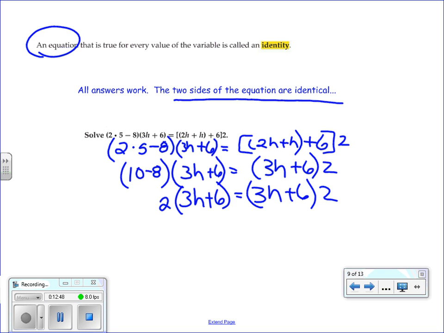You see that the two sides are identical.